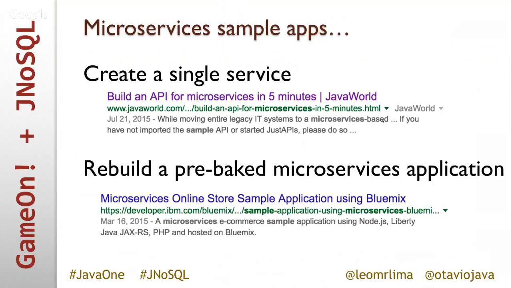It has to be part of an ecosystem. Or you find pre-baked microservice applications. For example, on Bluemix, they have a download: click next, finish, and you get a bunch of microservices. That really doesn't teach you how microservices work and what you're going to do with it.